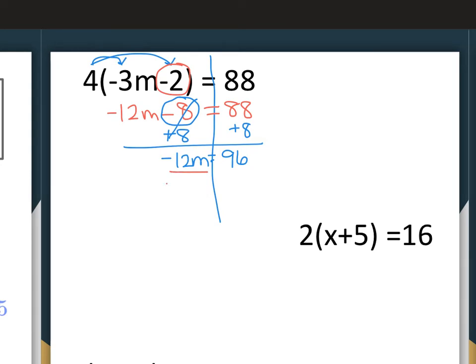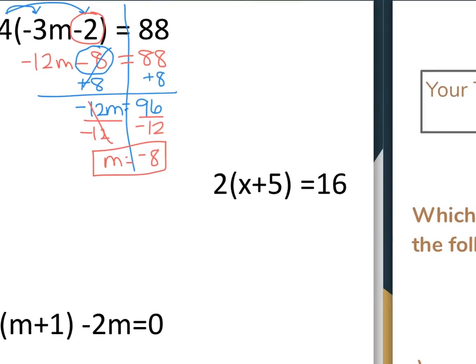The variable is being multiplied by negative 12, so we're going to divide by negative 12, and m will equal negative 8. So there's your answer.